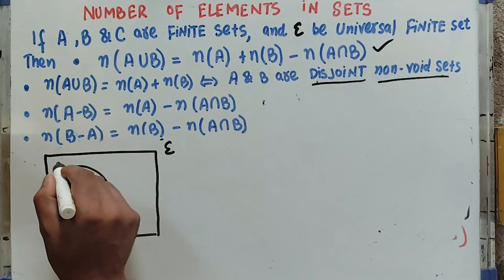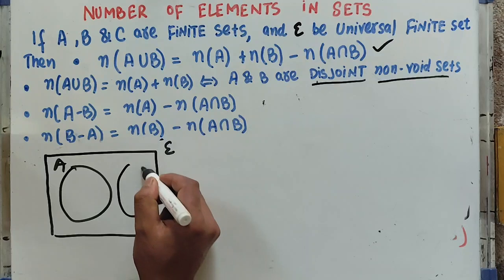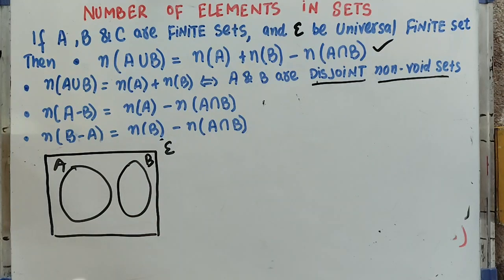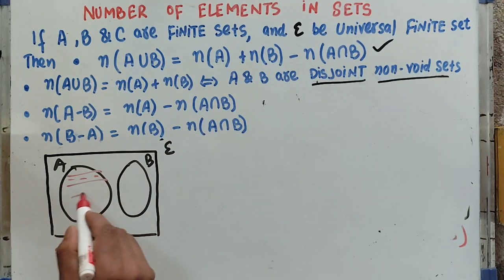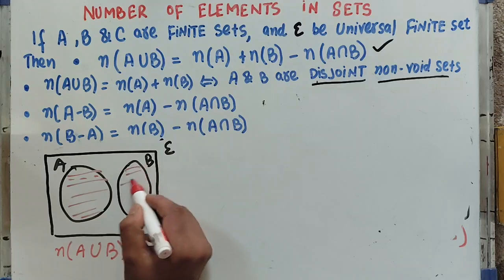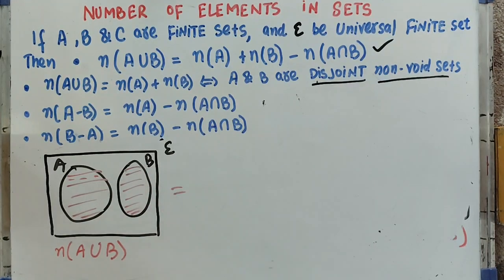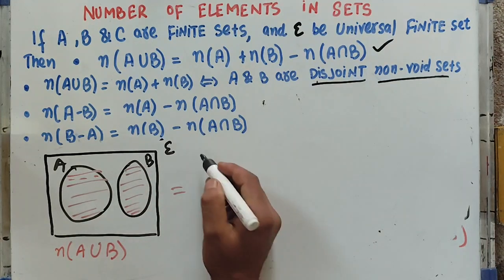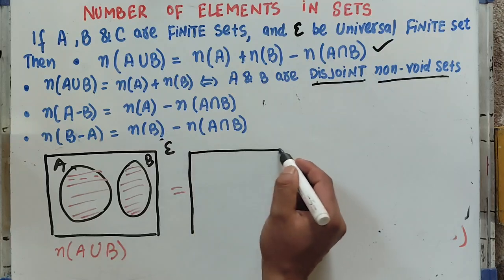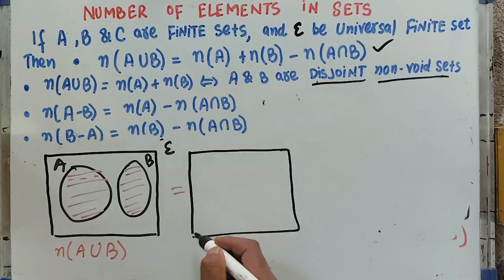We have two sets, A and B. Now union of A and B will be this very region.